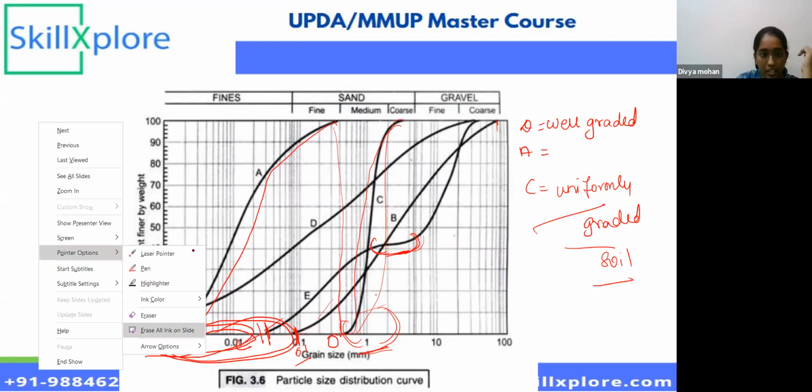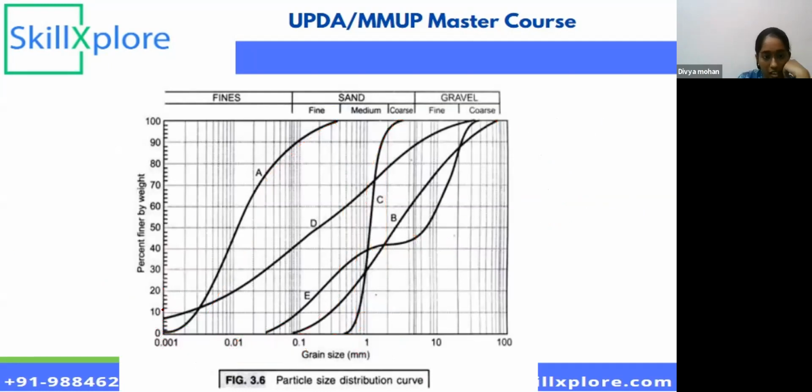So I'll take this A graph. The size here, for example, I'll take 0.005.